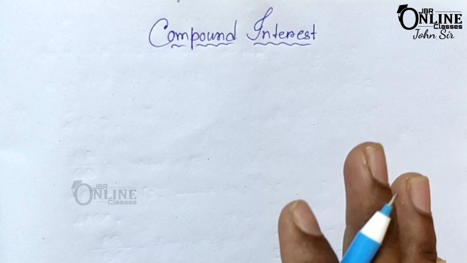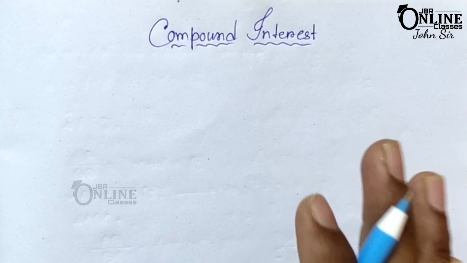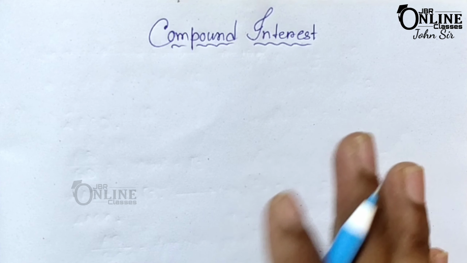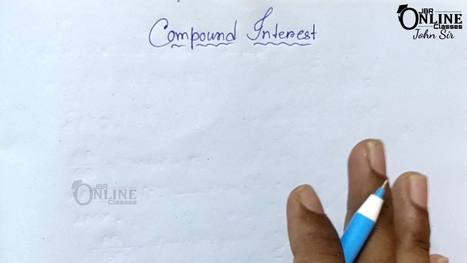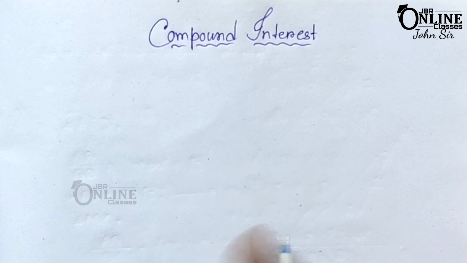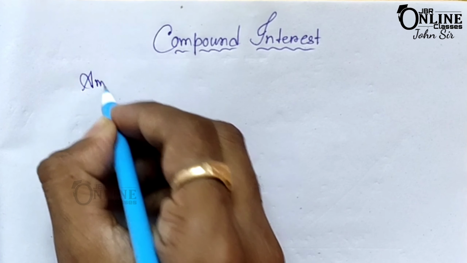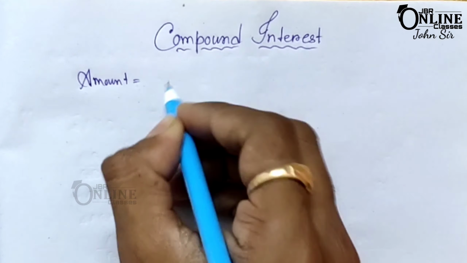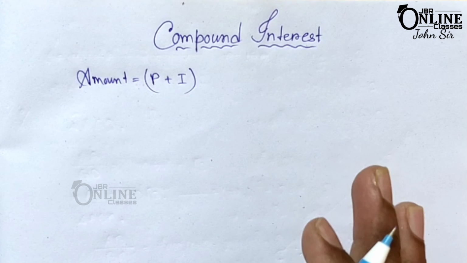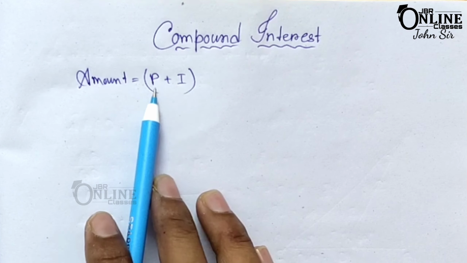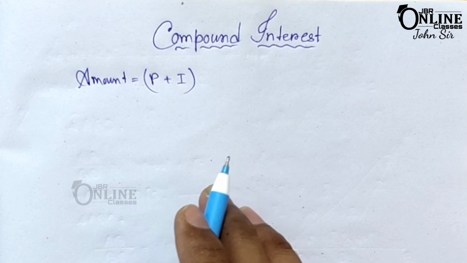The principal is the money that is borrowed from the money lender. Then what is amount? The amount means principal plus interest, the total money.